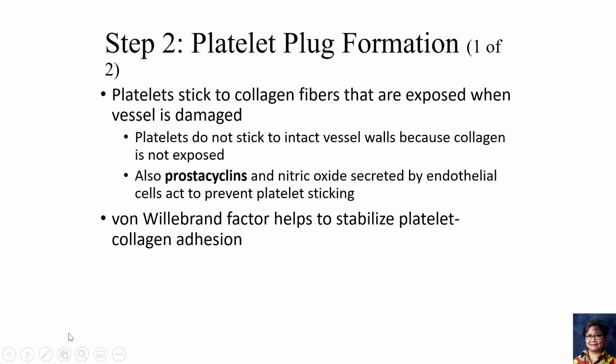So the next step is what you call platelet plug formation. This is where the platelets come together and stick to one another, but first they are exposed when there is a cut in the blood vessel. They're exposed to the collagen of the tissue that's been cut, and they come together when they stick to the collagen.